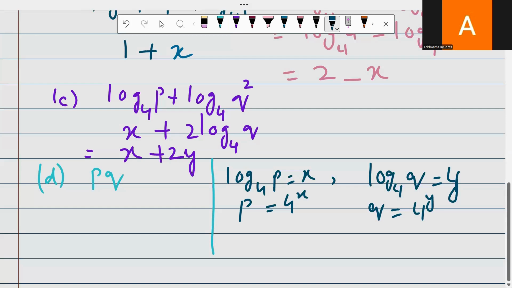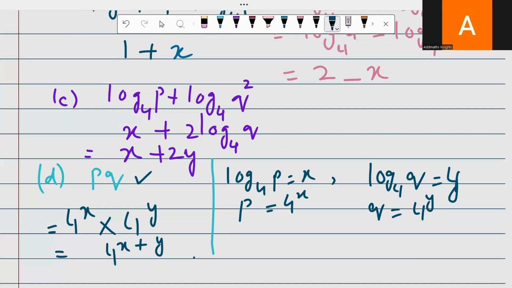Now you substitute the values and can write 4 raised to the power x times 4 raised to the power y. According to the laws of indices, you can write 4 raised to the power x plus y.